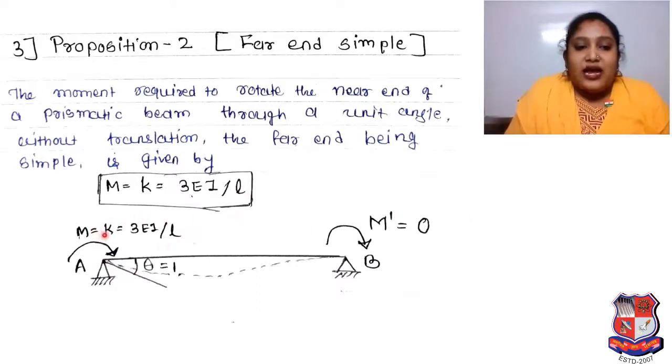So here M is equal to k is equal to 3EI by L, and here M dash will be 0.